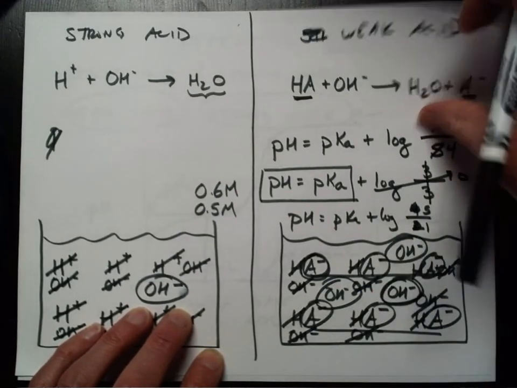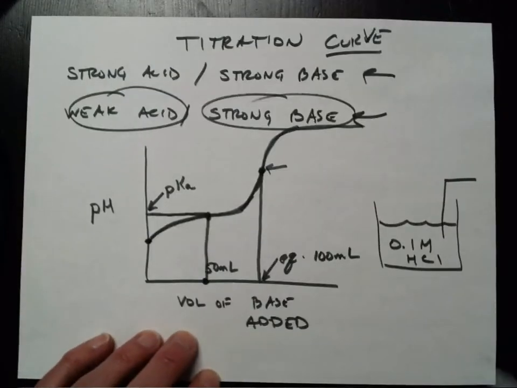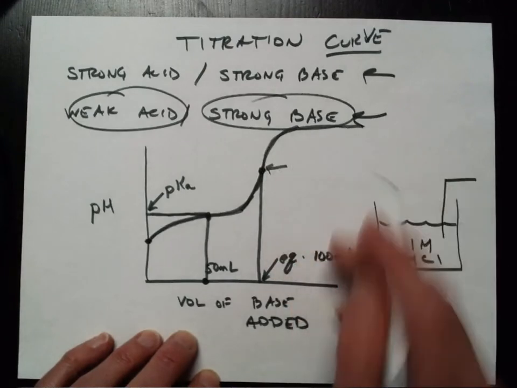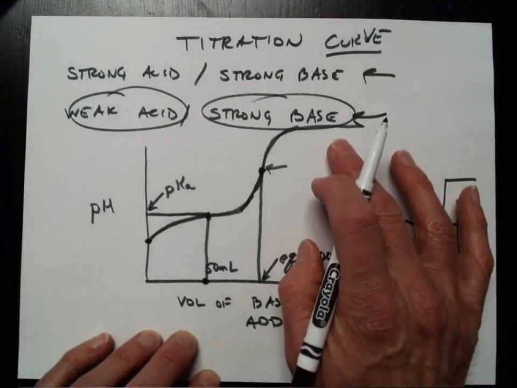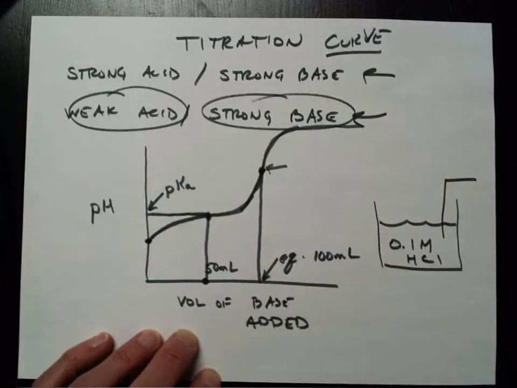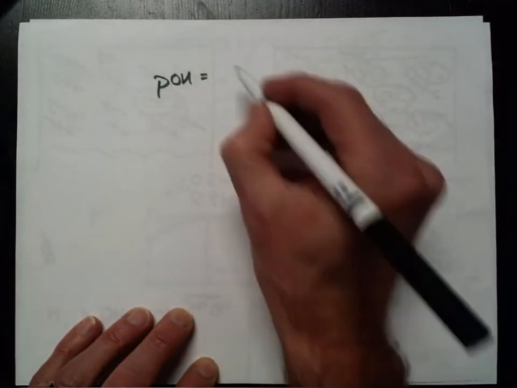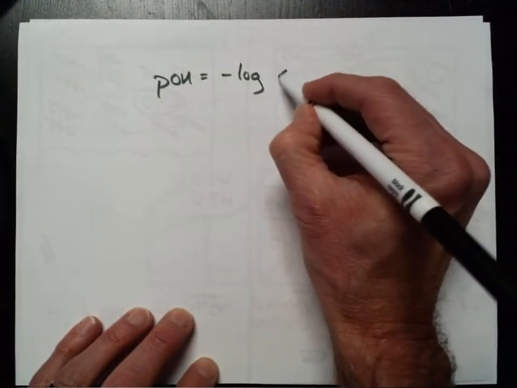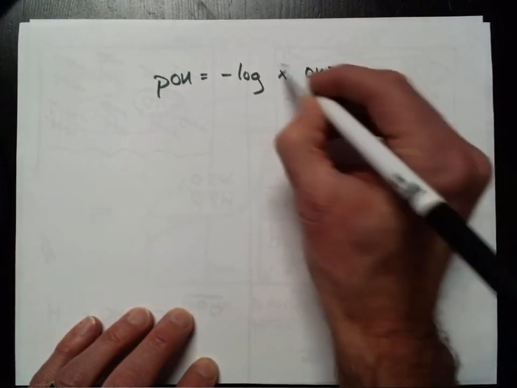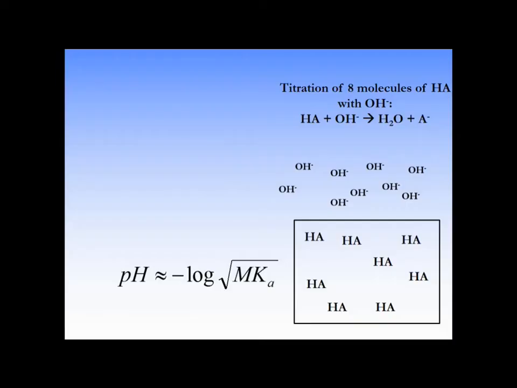So past equivalence, once you're in this portion of the curve, you just have to keep track of the excess hydroxide concentration. So, you just figure out how much is there. And in this case, your pOH is basically just going to be equal to the negative log of the excess hydroxide added. So now we're ready to look at PowerPoint for Chapter 18, Slide 8.